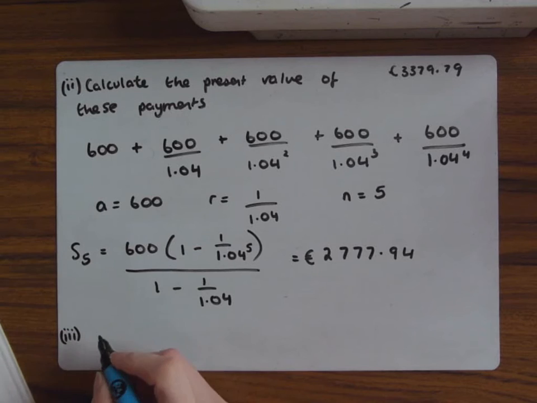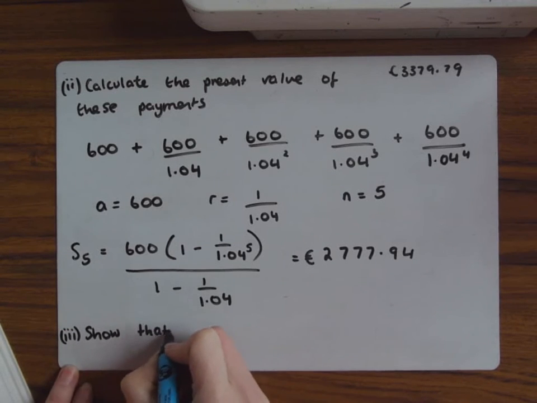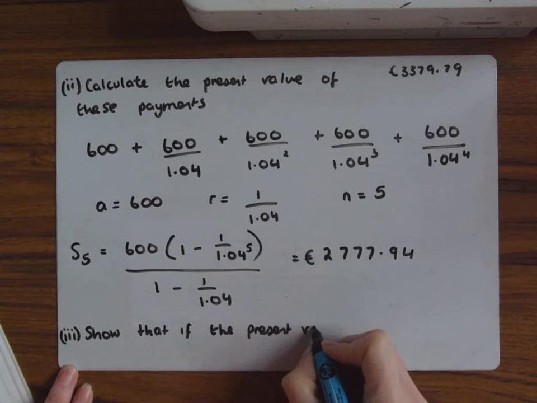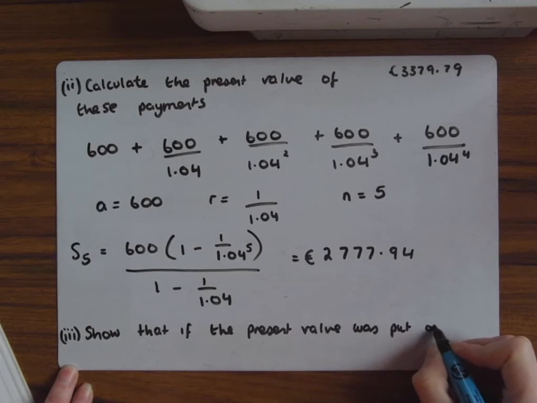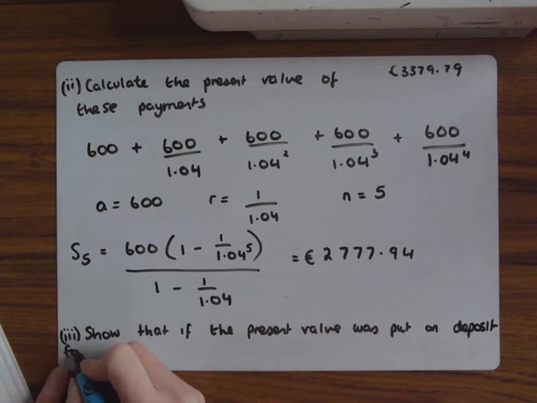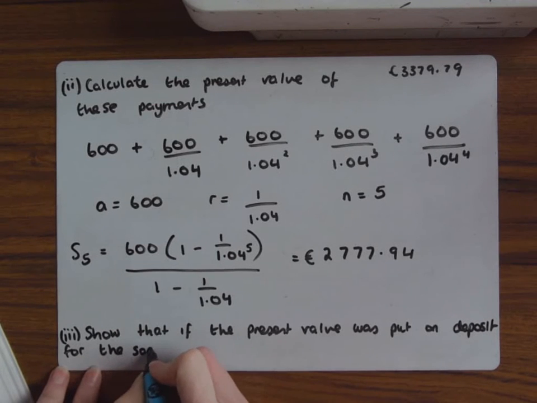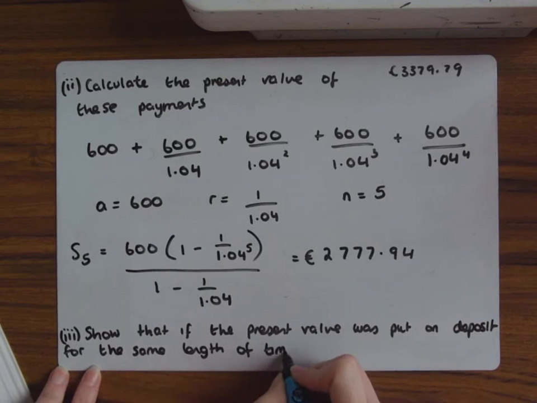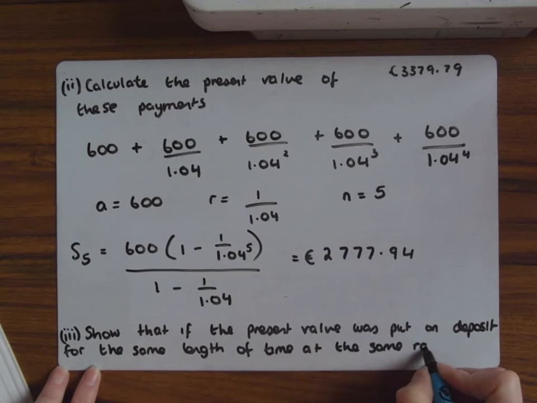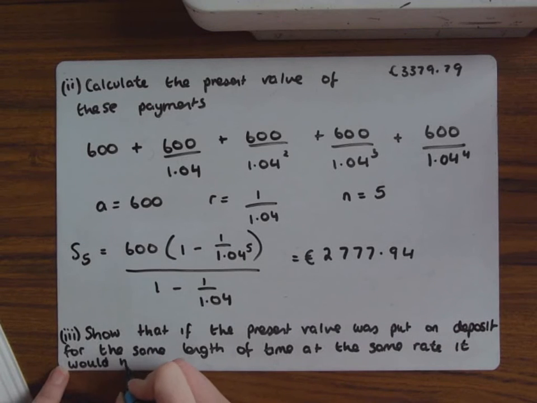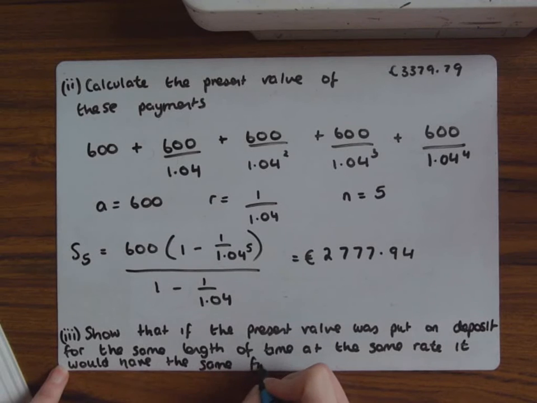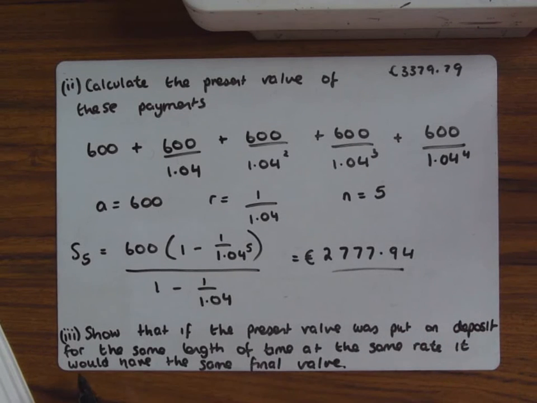Part 3 now is to show that if the present value was put on deposit for the same length of time, so if I just put this into an account for 5 years at 4% interest, it would end up with the same final value.